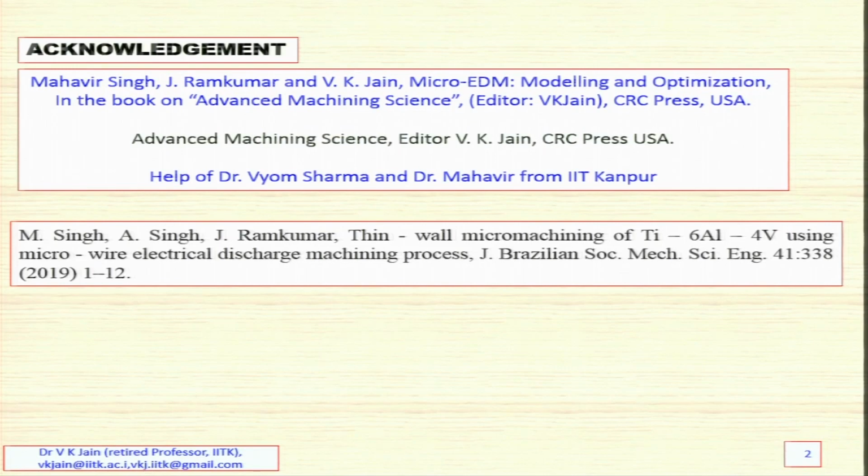And Mahavir Singh et al. have also written a chapter on thin wall micromachining of titanium, aluminum, vanadium using micro wire electrical discharge machining process. So I have taken some material from these references.